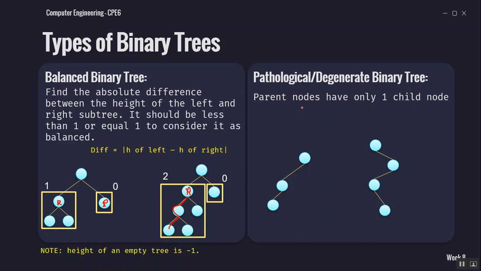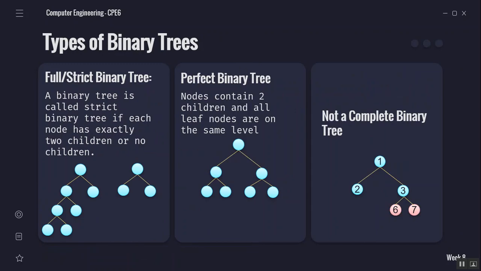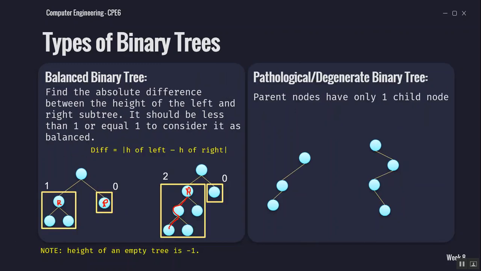You only look at the parent node: if it only has one child node, and that child node only has one child node, going to its deepest node, that's a pathological or degenerate binary tree. Okay, so those are the 5 types of binary trees.